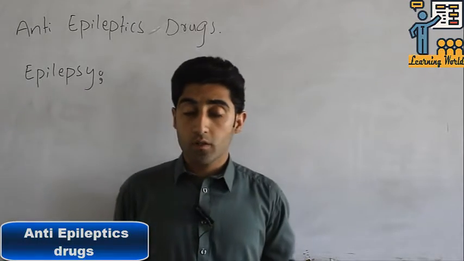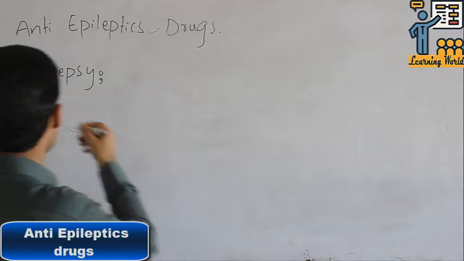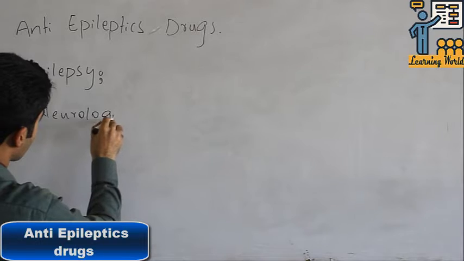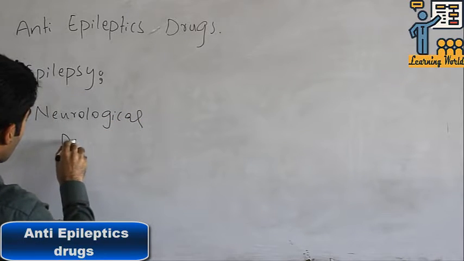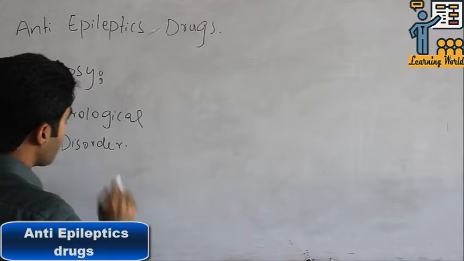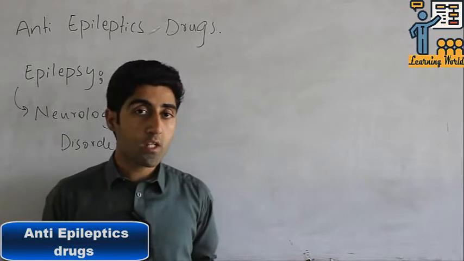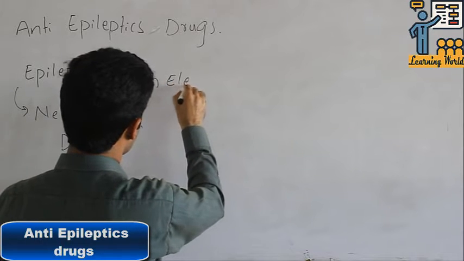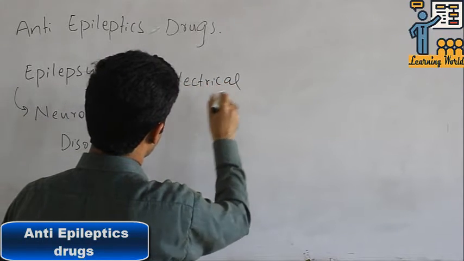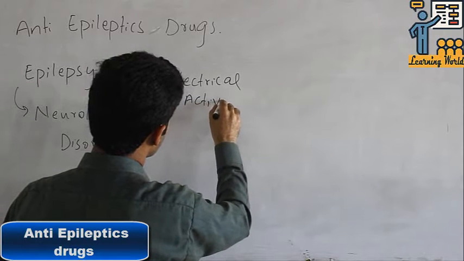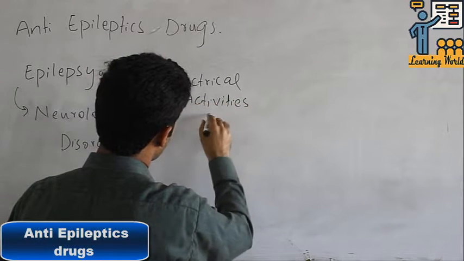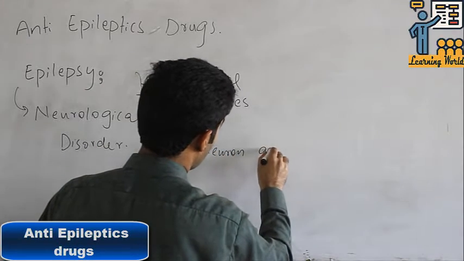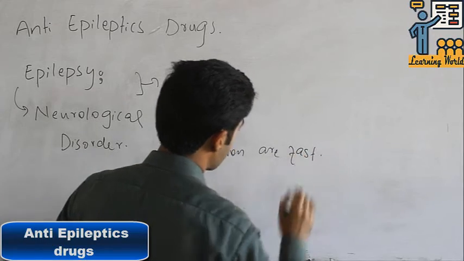Epilepsy is a neurological disorder in which the electrical activity between two neurons is very fast.